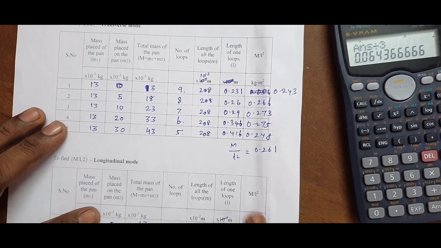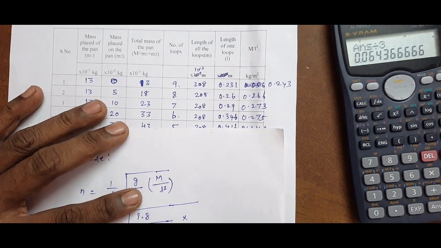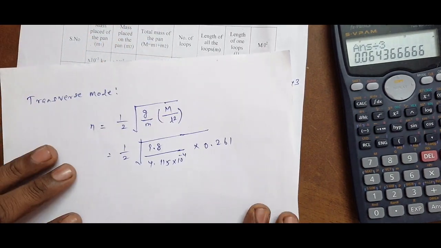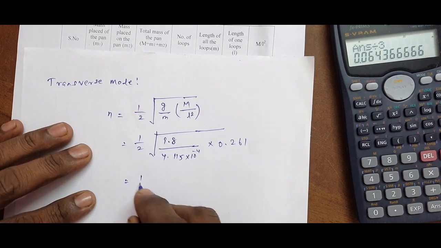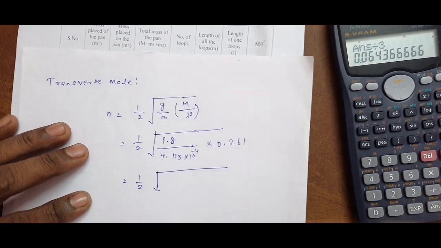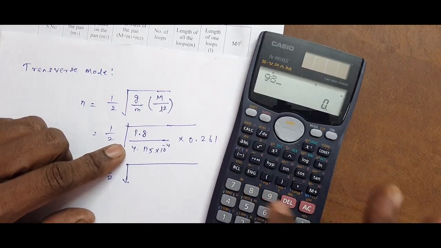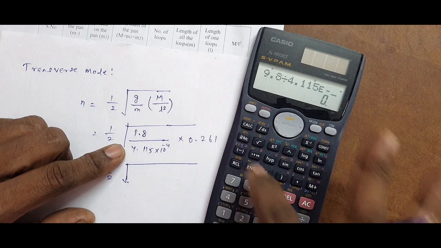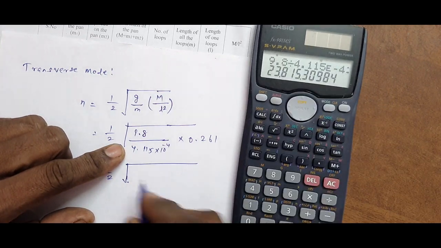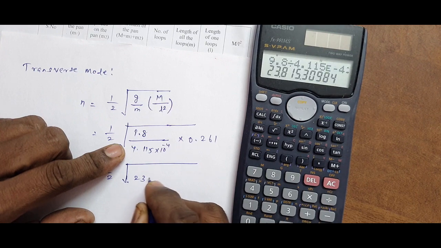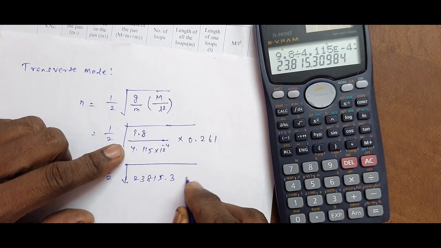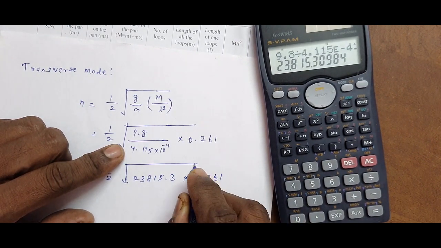So the m by L squared transverse mode value is 0.261. So 1 by 2 root 9.8 divided by 4.115 exponential minus 4. The answer is 23815.3 into 0.261.